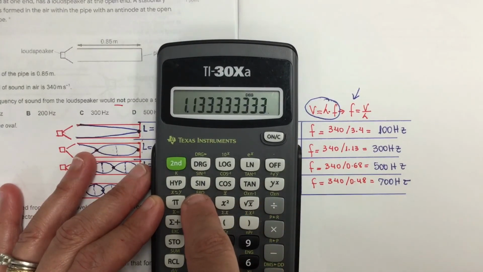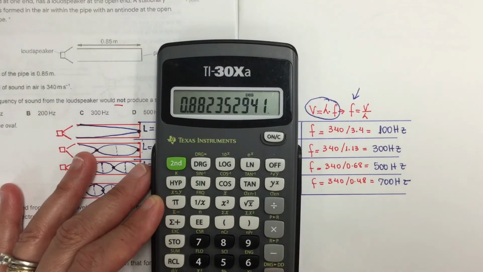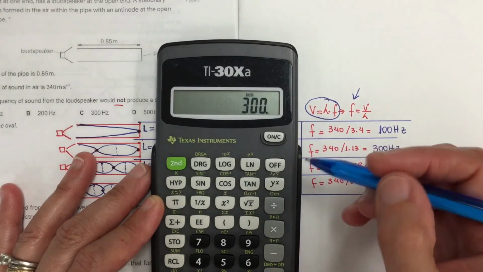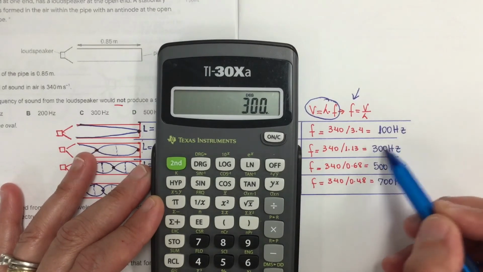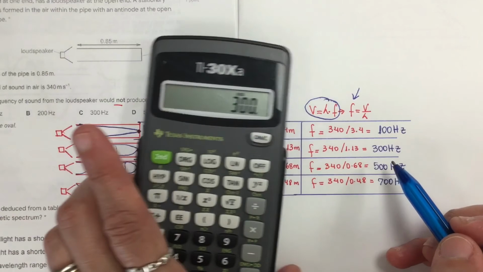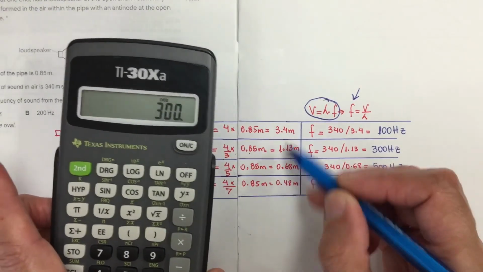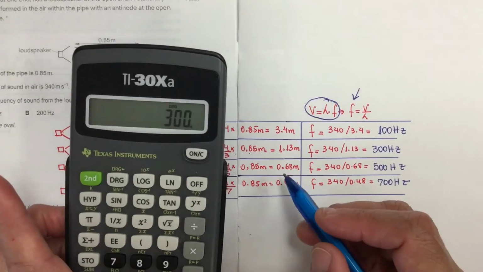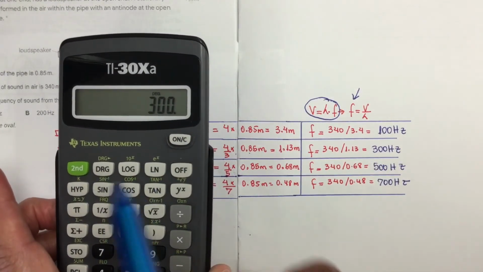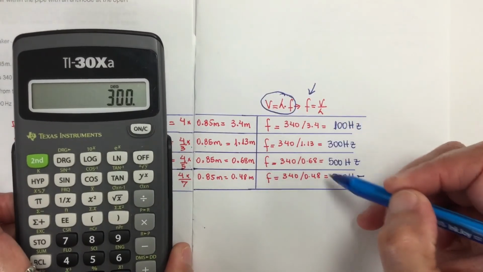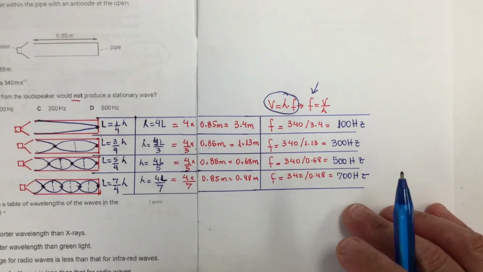I'm going to invert because it's on the denominator, times 340, and you have a whole number, 300. So that's how I got all whole numbers, because I have saved in my calculator. I just wrote here to guide you about your answers, but I work with the number that was stored in my calculator. So that's why I have the beautiful results that I got here.